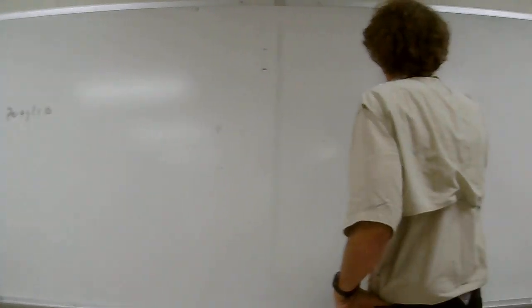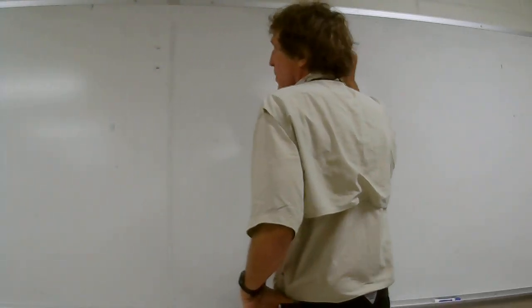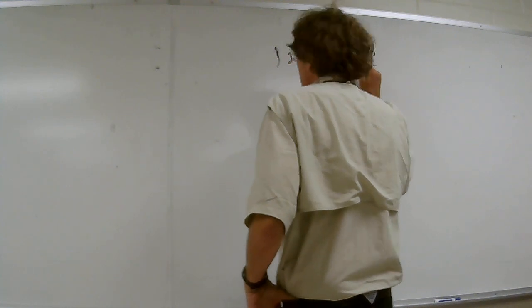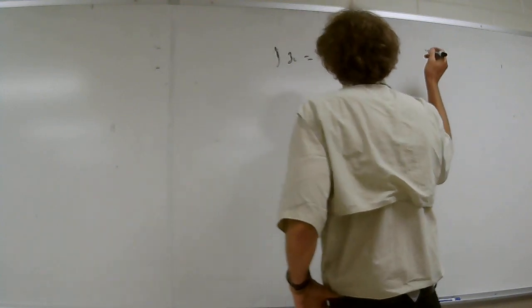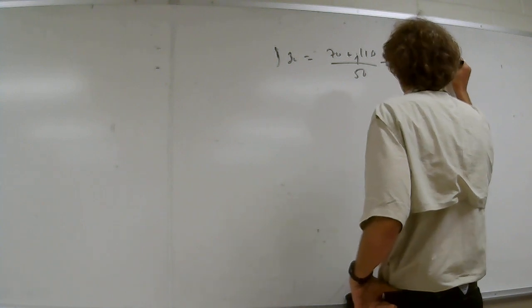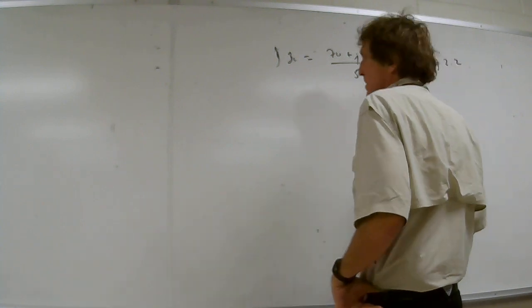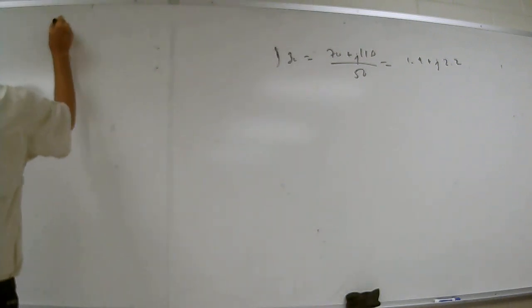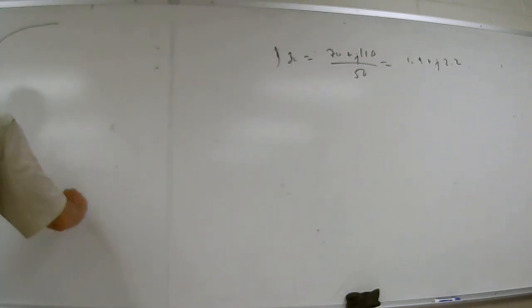That's just part one. Okay, so what do we do? Normalize. What is that going to be? 70 plus j110 over 50 is 1.4 plus j2.2. Okay, and here's my handy dandy Smith chart, the smaller one.